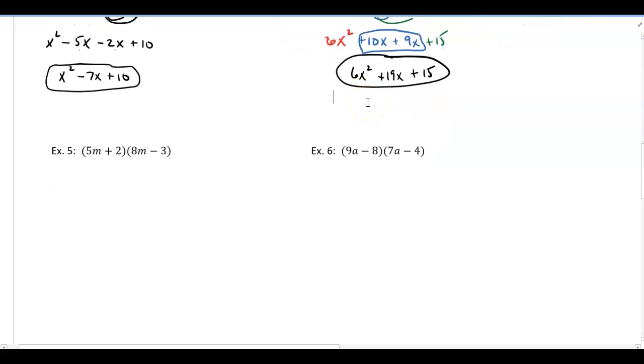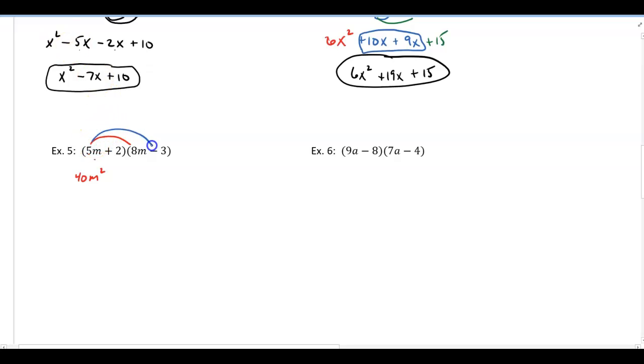Okay? Once you master this, it gets real easy. And remember, when you're multiplying a binomial times a binomial, you should end up getting 4 terms after you distribute, and then simplify from there. So 5m times 8m. 5 times 8 is 40. m times m, m squared.